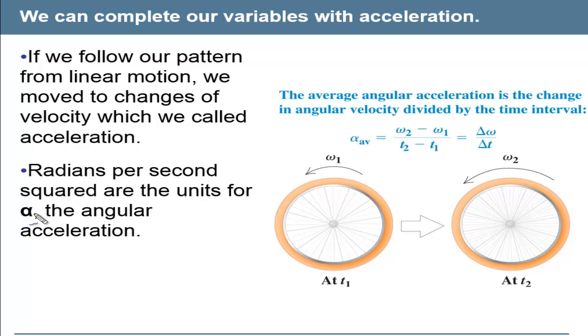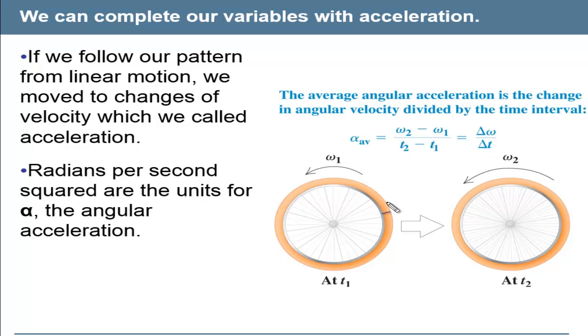Or I'm sorry, not angular velocity, but angular acceleration, alpha, is the change in angular velocity with time. So that's omega 2 minus omega 1 divided by our time interval, time 2 minus time 1. So that is equal to delta omega over delta t.